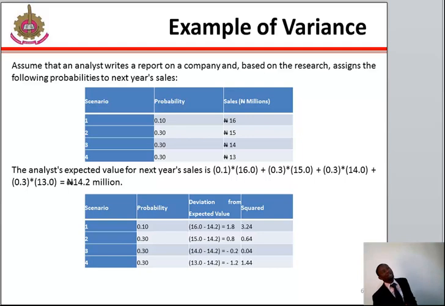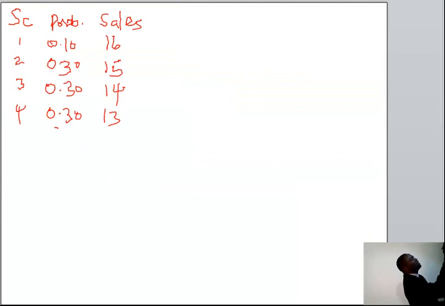Let's look at the following example of variance. Assume that an analyst writes a report on a company and, based on the research, assigns the following probabilities to next year's sales. From this example, we have scenario, we have probability, and we have sales. To calculate the expected value, we multiply the probability by the sales.